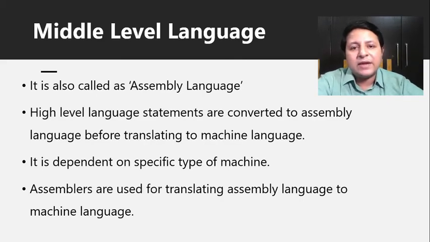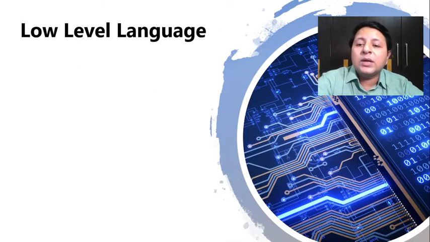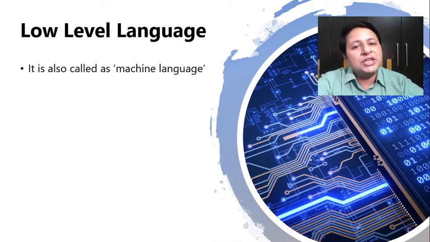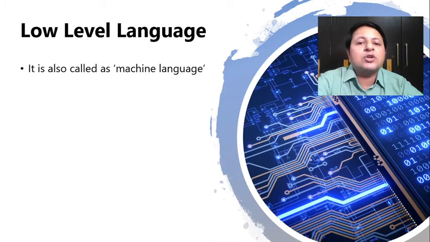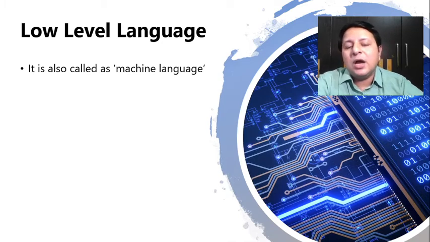Now moving ahead to the third one, that is low level language. The low level language is very popularly called machine language. The machine can understand in the form of the presence of charge or the absence of charge, and this is the most suitable way we can represent our program to the machine.